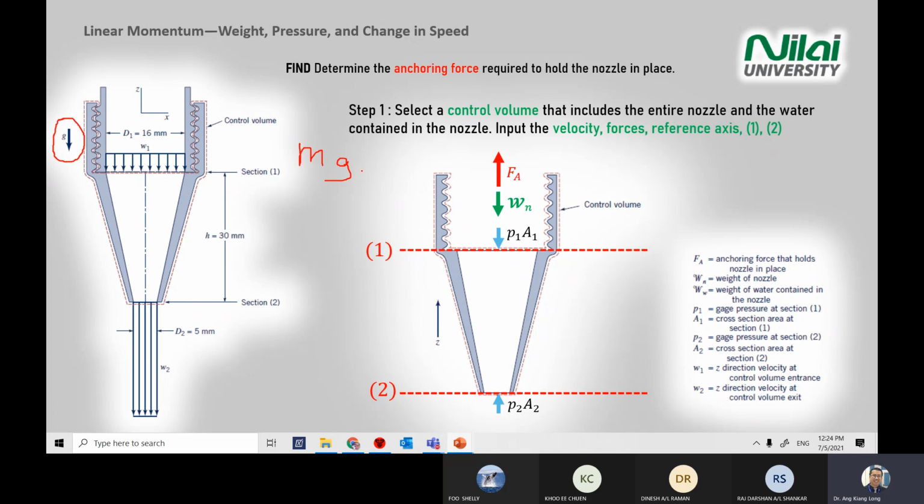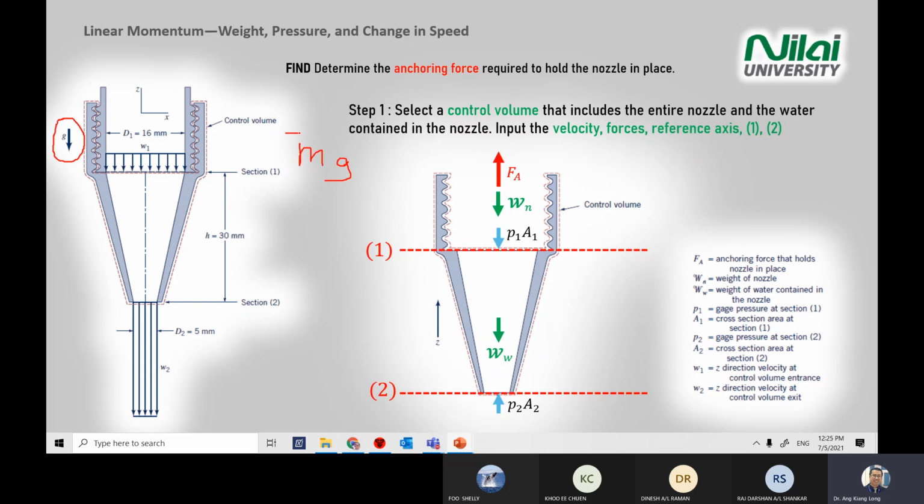You have two gravity actions here. One is the nozzle, one is the water. So you have two green arrows here, and the arrows point down because the weight is pointing down. The gravity is going down. The first green arrow here is the nozzle weight, Wn.